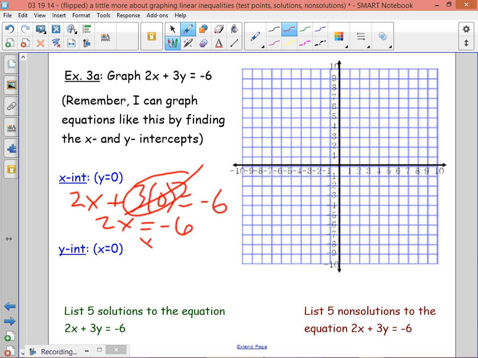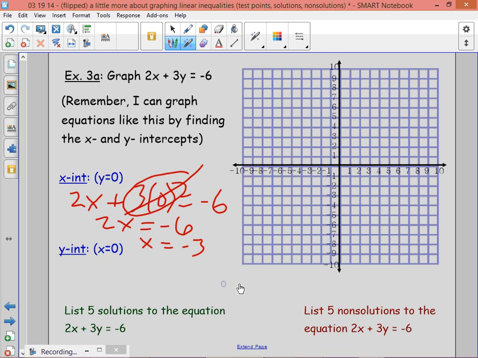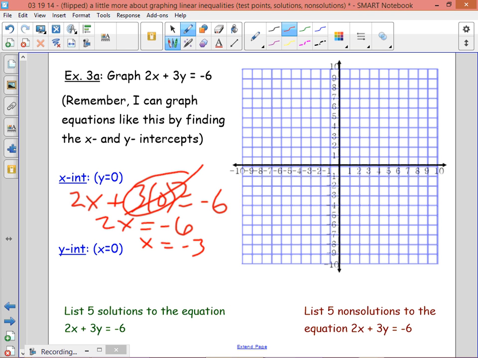Solve for x, I get x equals negative 3. So one point is negative 3, comma, 0. That's the point that has the x-intercept on it. And I will just draw that in on my graph.